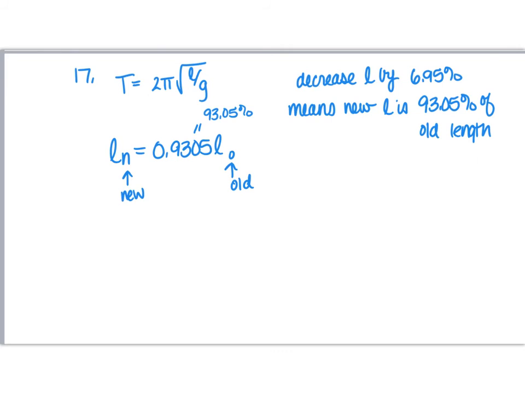Now I'm going to write two expressions. One is for the old period, 2 pi the square root of L old over G, and then T of the new is equal to 2 pi the square root of L new over G.